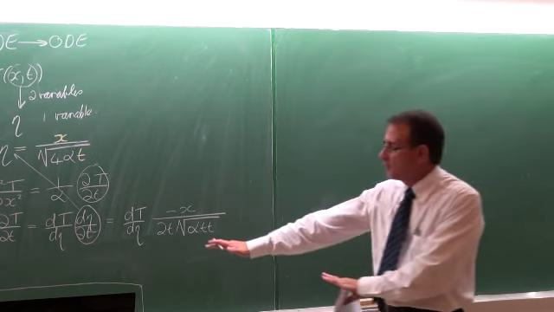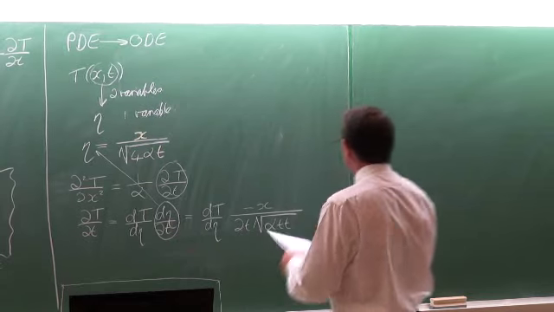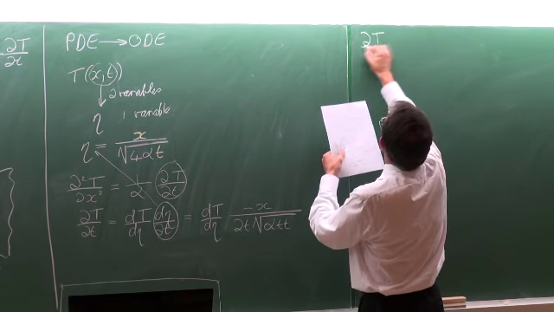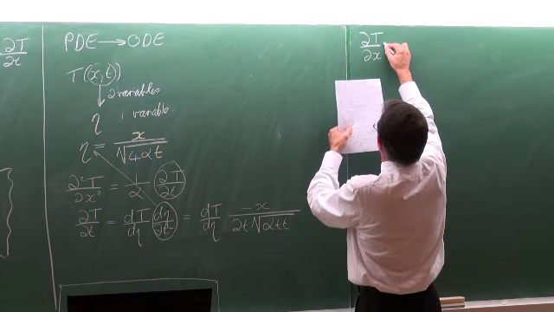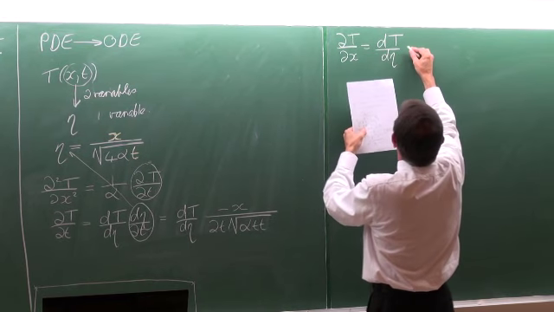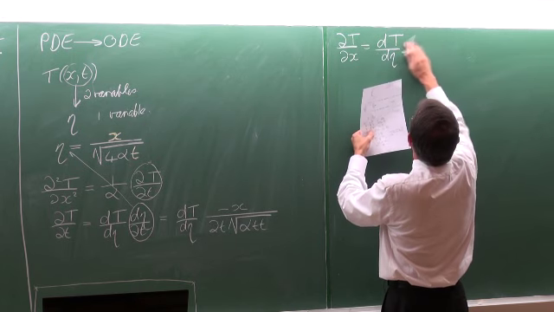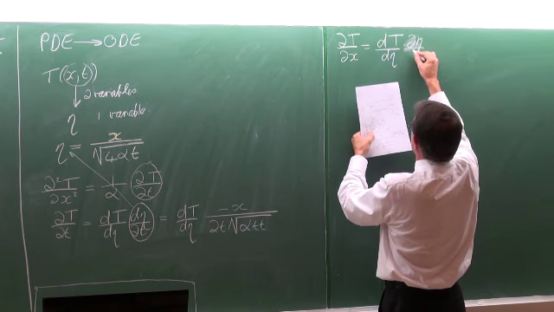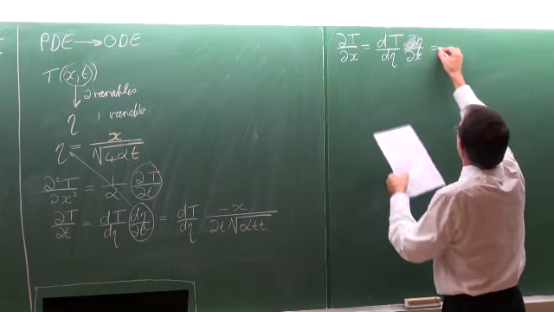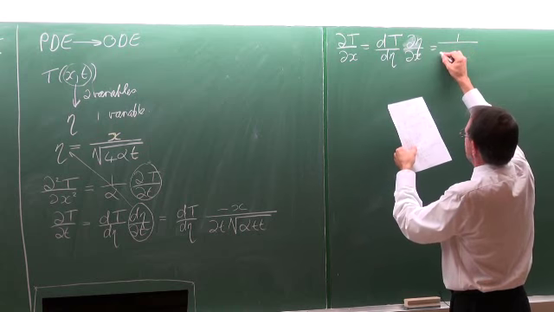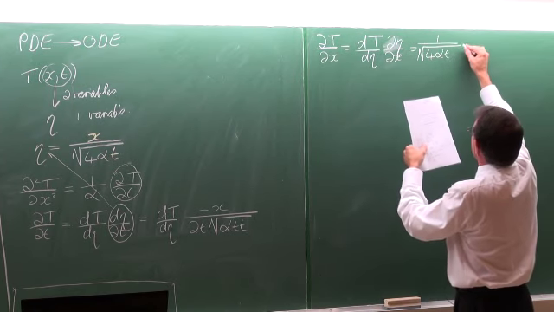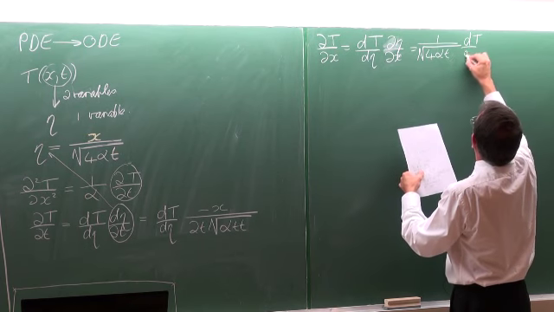Okay. We are not going to do all the mathematics in detail because the next one is becoming a little bit more difficult. It is ∂T/∂x, which can be written as ∂T/∂η multiplied by ∂η/∂x, and that is equal to 1 divided by the square root of 4αt multiplied by ∂T/∂η.